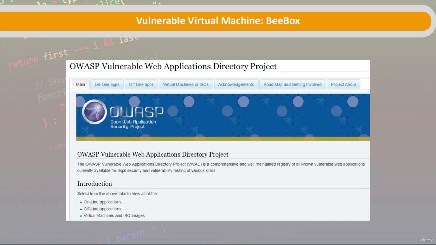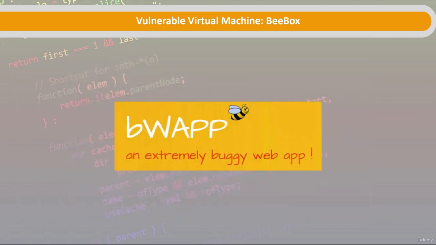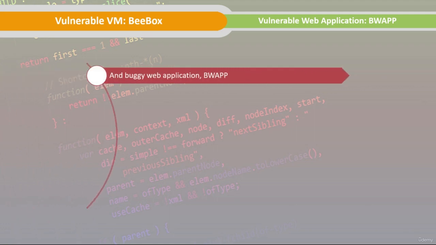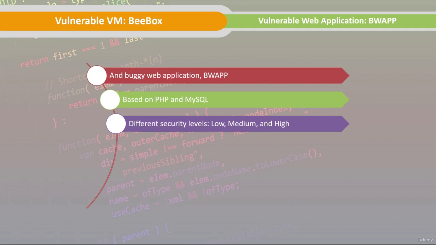Okay, so BeeBox contains the buggy application BWAP. Buggy Web Application, in case you're wondering. Therefore, we are going to play with the BWAP in this course. It's based on PHP, and it runs on the MySQL database server at the back end. It has 3 levels of security, low, medium, and high, and each level demands different skills.